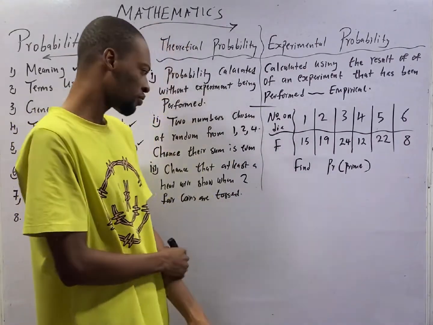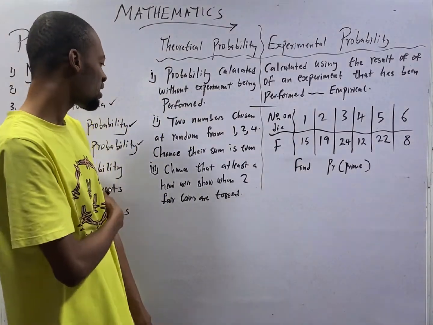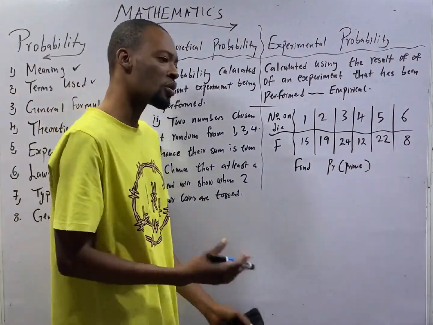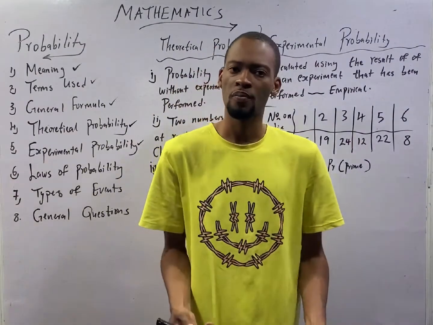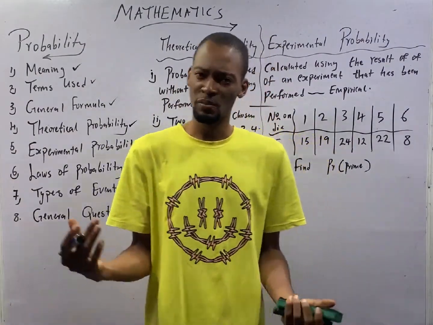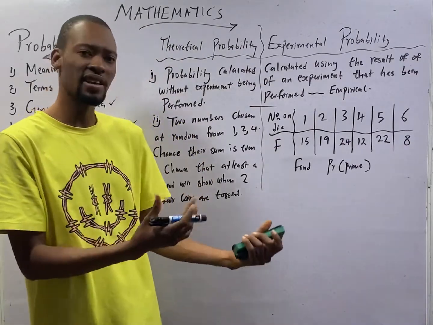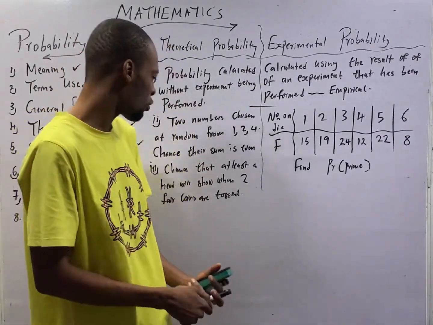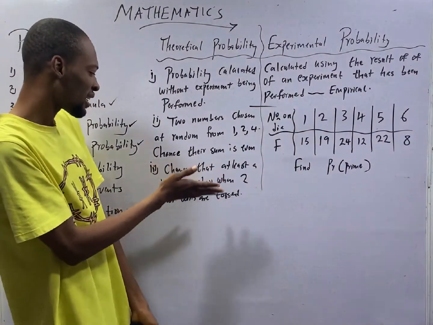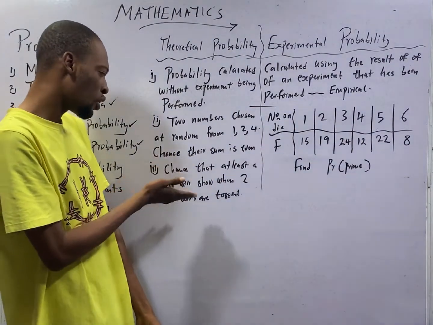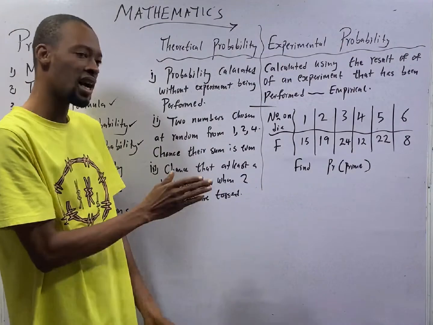Now look at this. If I say a coin was tossed, you don't need to carry out an experiment because we already know what to expect. You can start solving without carrying out an experiment. For example, the chance that at least a head will show when two fair coins are tossed.